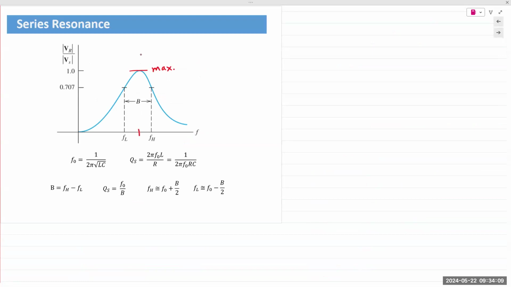And that occurs at one single frequency known as the resonant frequency F0, and that is given by the values of the components L and C. This is the same for both series resonance as well as parallel resonance circuits. No difference.